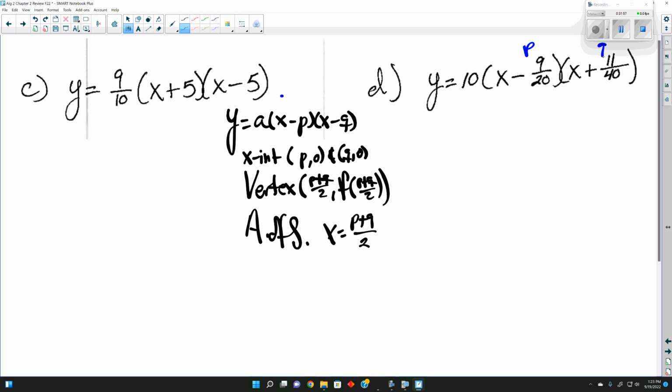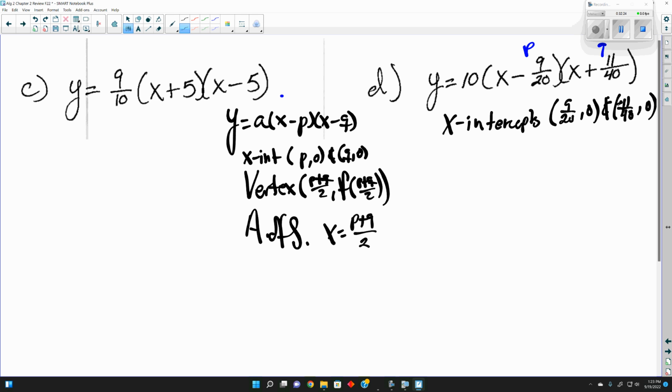So the easiest one to get first is our intercepts, which is going to be 9/20 comma 0 and negative 11/40 comma 0. Because since it's plus, it comes out as negative. It's negative, it comes out as positive.